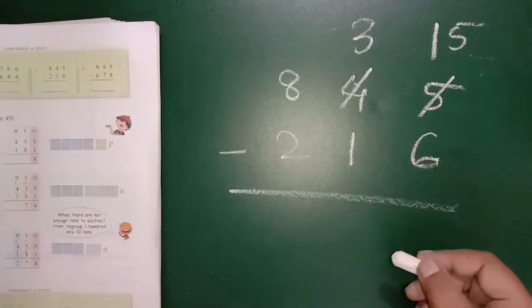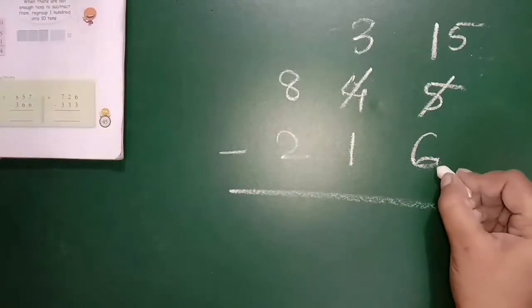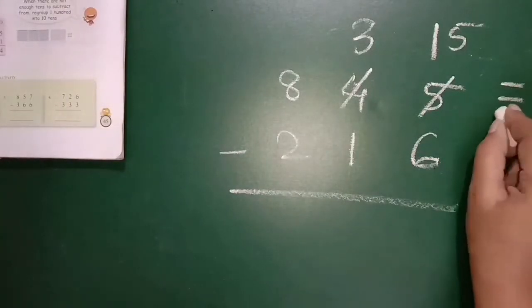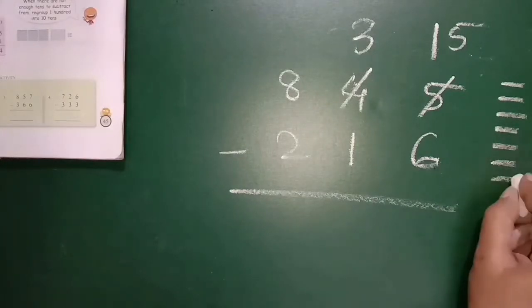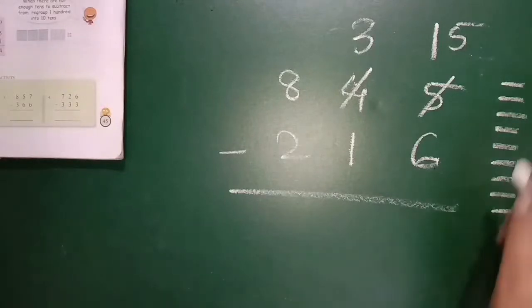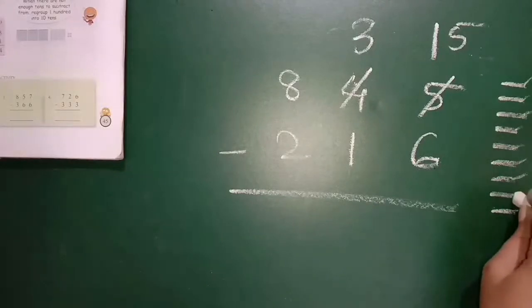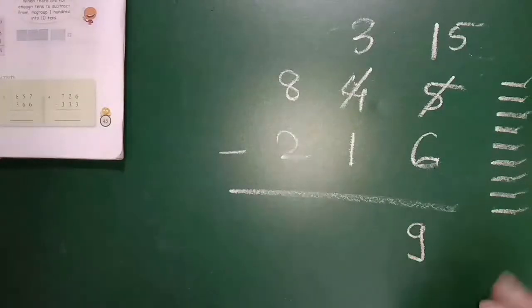So count to 15 after 6. Okay. 7, 8, 9, 10, 11, 12, 13, 14, 15. Okay. Count these lines. 1, 2, 3, 4, 5, 6, 7, 8, 9. So write here 9. Got it?